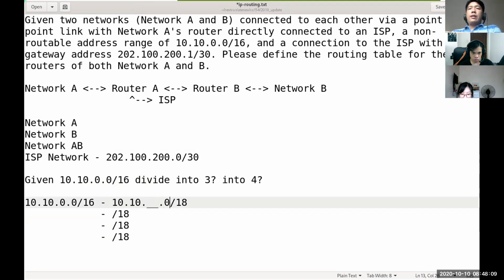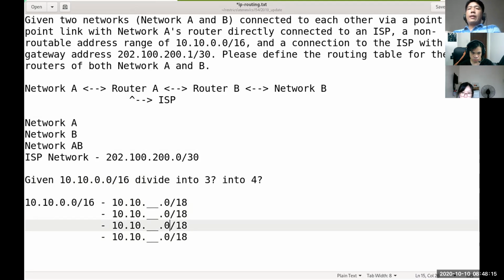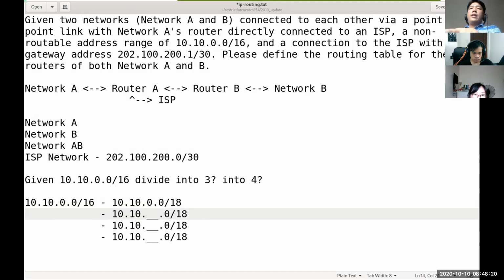Right. So it looks like that. Then the first one is always 0. Then I have to add 2 to the power of the max of the byte boundary minus the prefix length.